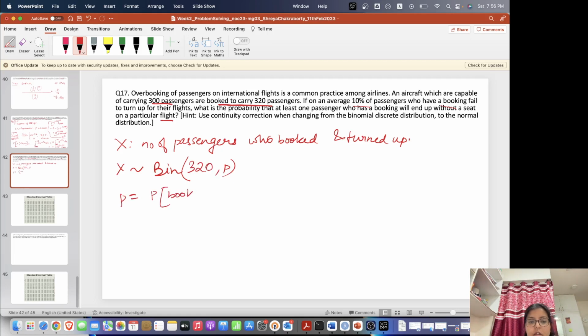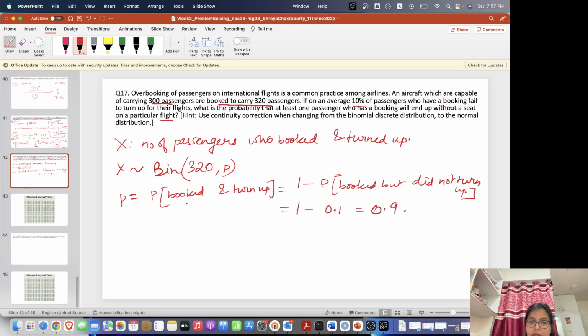The probability of booked and turned up is 1 minus the probability of booked but did not turn up. This is 1 minus 10%. It is 0.9. So q, which is 1 minus p, is 0.1.